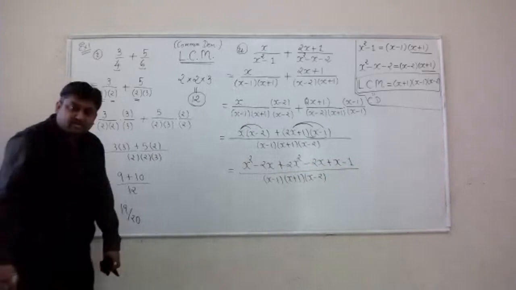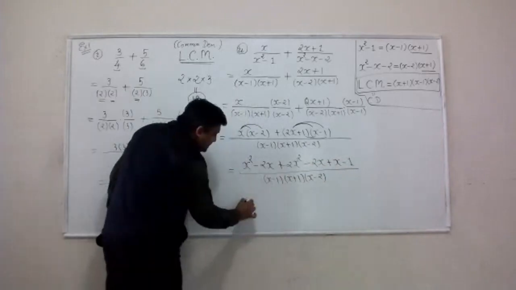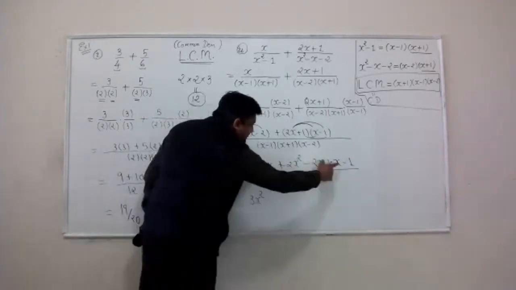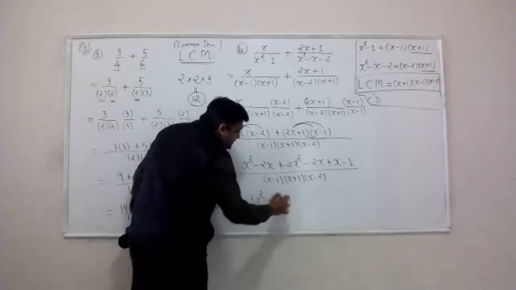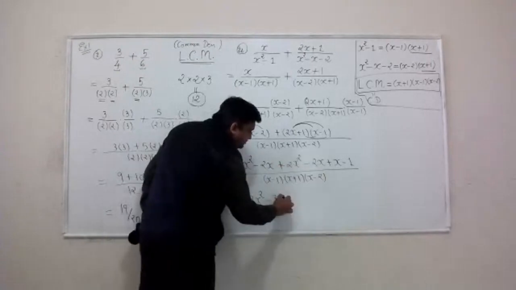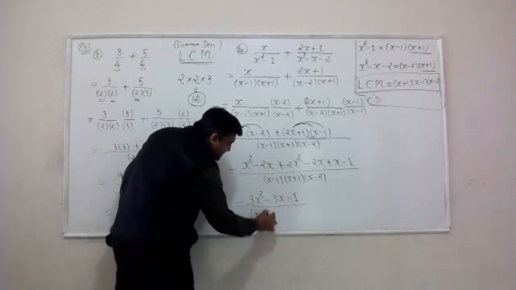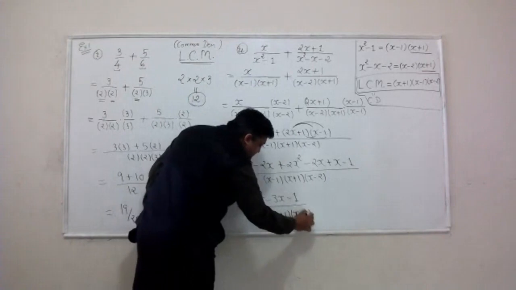Collect the like terms and simplify further. x squared plus 2x squared adds up to 3x squared. Negative 2x plus x adds up to negative 3x. And then I have minus 1. And then this is divided by x minus 1, x plus 1, x minus 2.